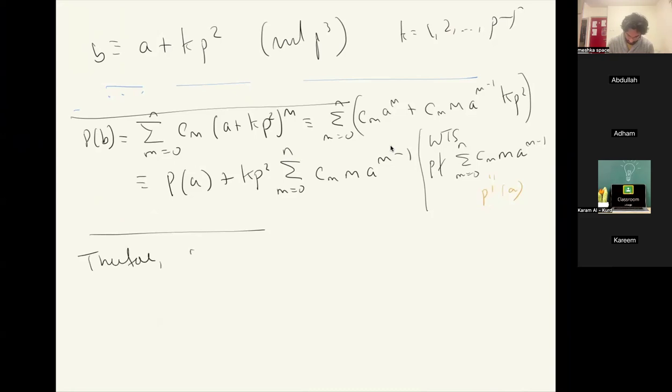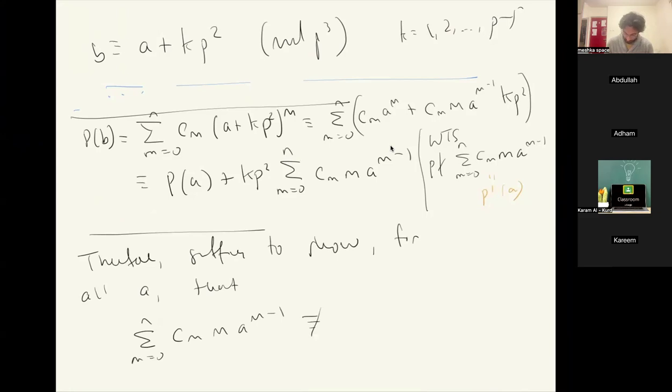Therefore, it suffices to show for all a that the sum from m equals 0 to n of c_m m a to the m minus 1 is not congruent to 0 mod p. Okay, that's what we want to show.